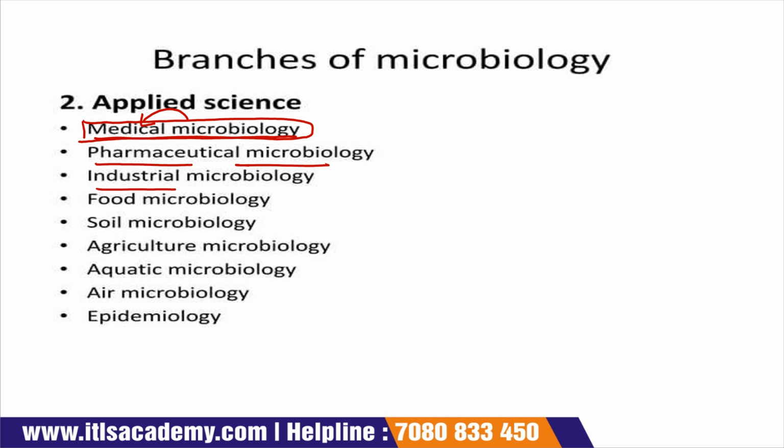Then in industrial microbiology, we study the microorganisms which have applications in different industries. Then food microbiology, the study of microorganisms in the production of food, and also of the microorganisms which spoil food. Next category is soil microbiology.